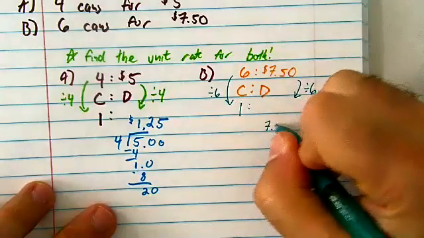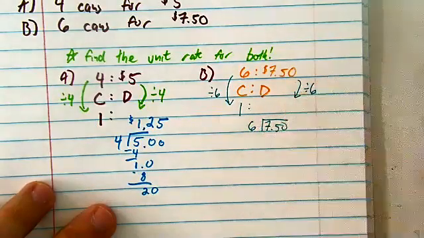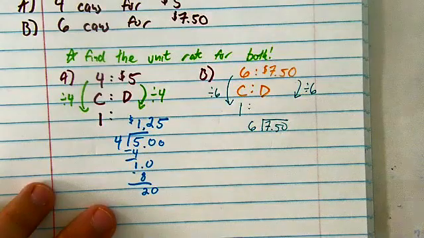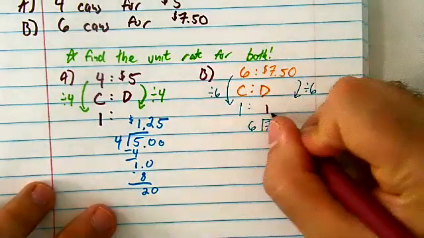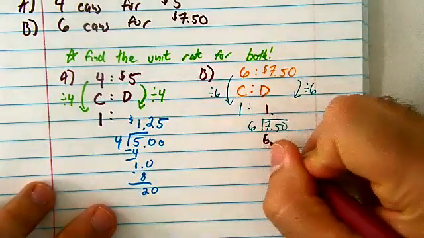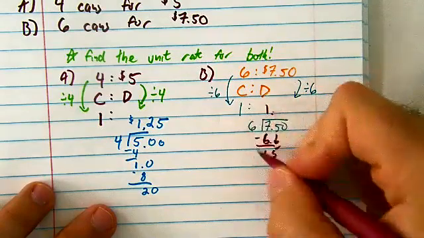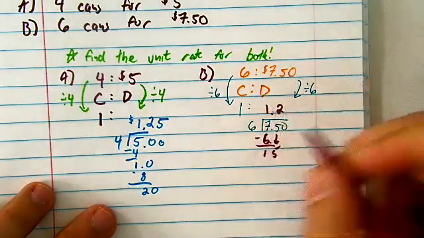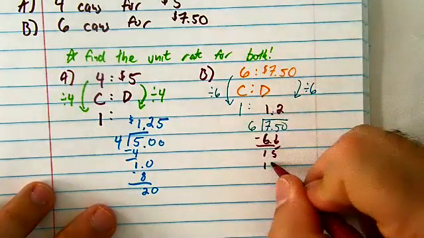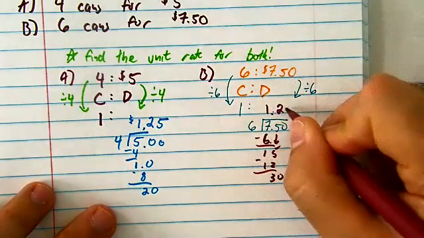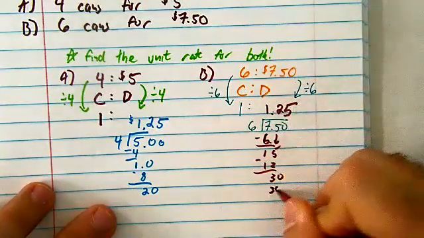So that's $7.50 divided by 6. Fits in 1 time. Make sure that decimal pops up. 6 fits into 15 twice. 2 times 6 is 12. That fits in 5 times.